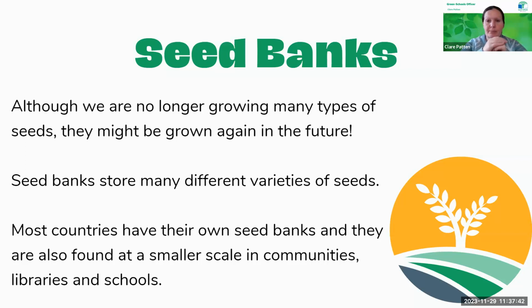Then almost every country in the world has their own seed bank where they might have thousands of different kinds of seeds, which are all things that are grown in their country. Even if they're not being grown anymore, they keep a few types of each seed, so that if we do want to grow them again in the future, they are there. So this is something that we have all around the world.